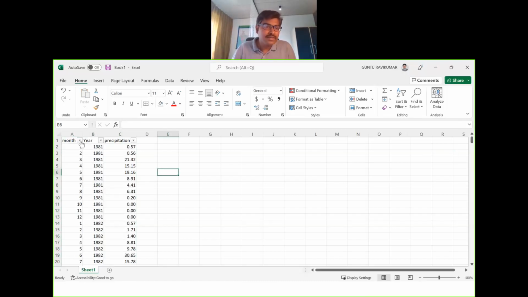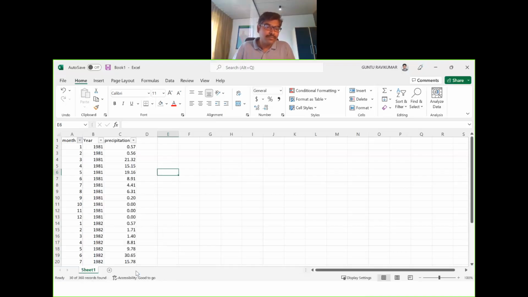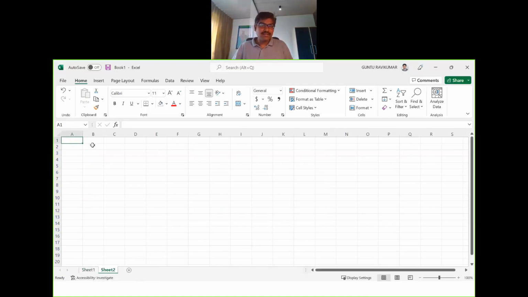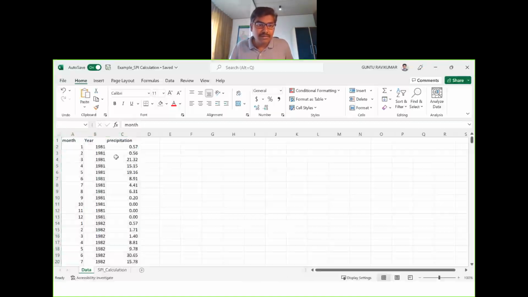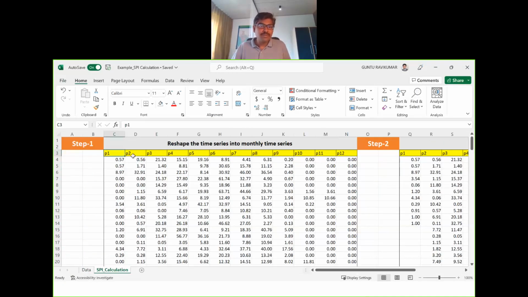Next, select the month. You can untick select all, and then select the first month, January. Open another sheet and type, for example, in this way: P1, P2, P3, P4, and so on up to P12.